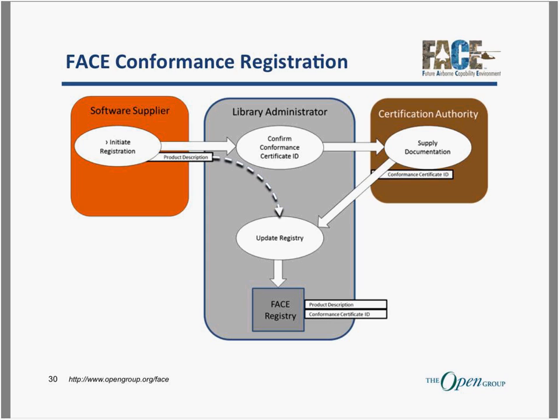The administrator, once they receive the request, will reach back to the certification authority to ensure that the UOC they're desiring to have listed did receive a conformance certificate. They verify that. The administrator receives that verification, reviews the posting, and then pushes it up onto the FACE registry. The FACE registry, again, is another one I would stress is very important.